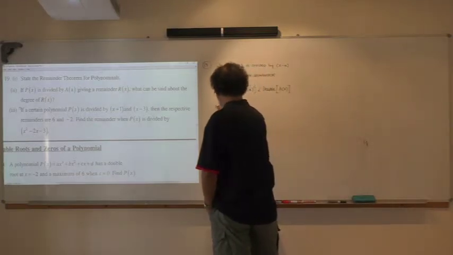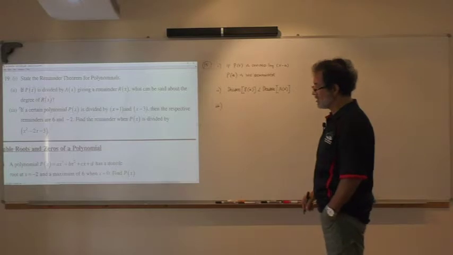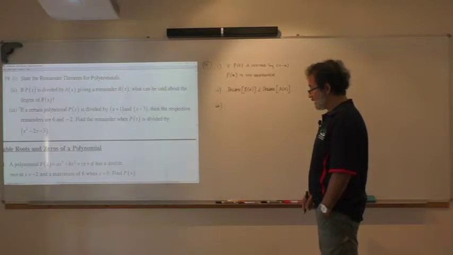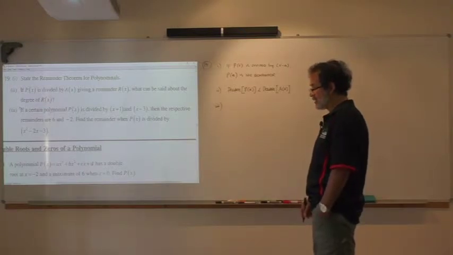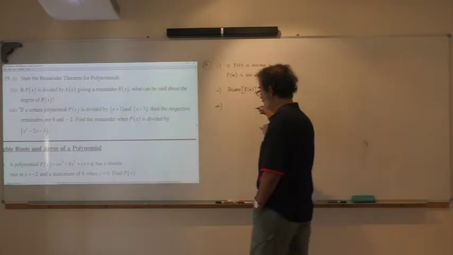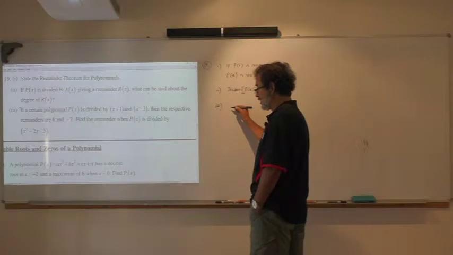The next part of the question says this: if a certain polynomial P of x is divided by x plus 1 and x minus 3, then the respective remainders are 6 and negative 2. We're going to write it down straight away because we'll be using it.